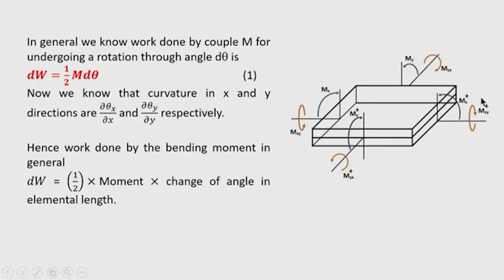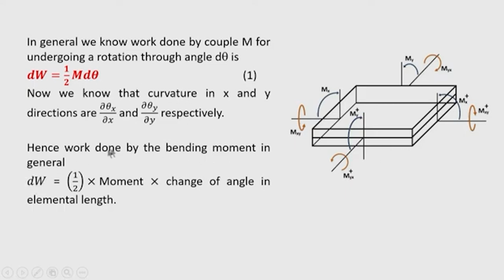Similarly, suppose at this point the slope is ∂w/∂x. On the opposite edge, the slope will be ∂w/∂x plus the increment of slope. The increment of slope is ∂/∂x of ∂w/∂x into dx, so the increment of slope will be ∂²w/∂x² into dx.